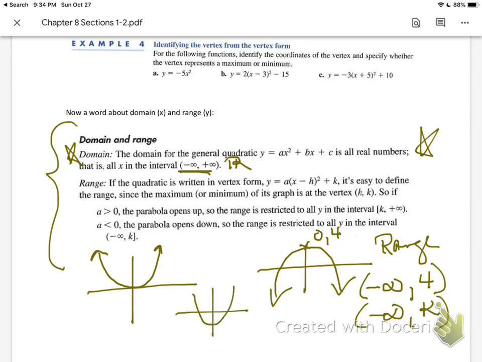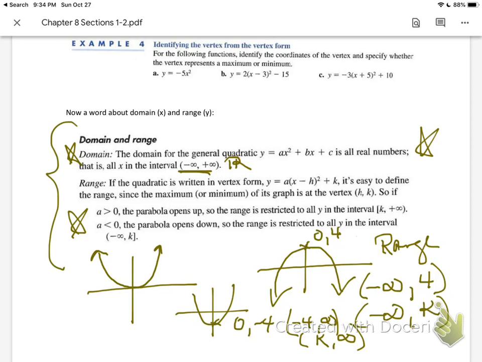What if I just flip this guy over and I made that vertex 0, negative 4? Starting low, my range would be negative 4 to infinity, or k to infinity. So this clarifies that pretty much. Be able to understand that for this section as well.